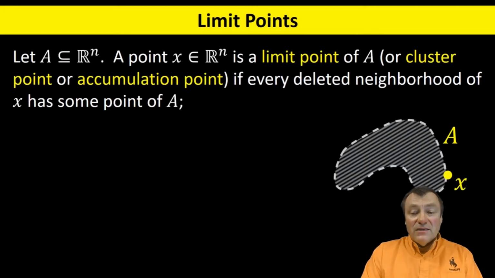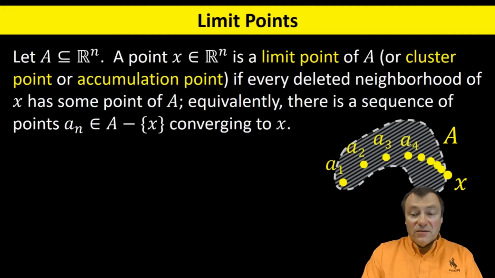Let A be any set of points. Now we consider another point x, which may or may not be in A. We say that x is a limit point of A if every deleted neighborhood of x contains some point of A. This means there are lots of points of A close to x other than x itself.